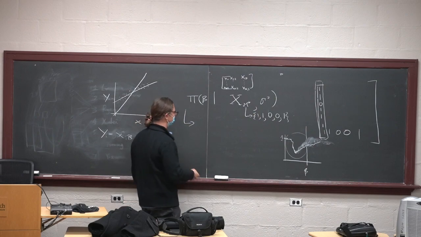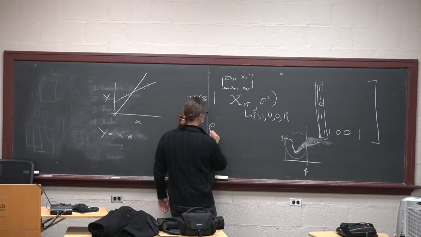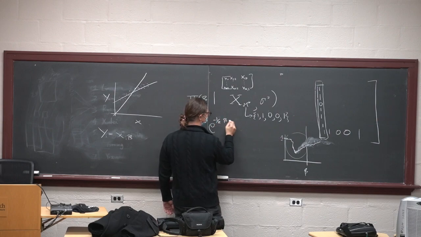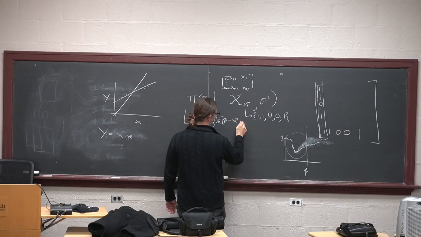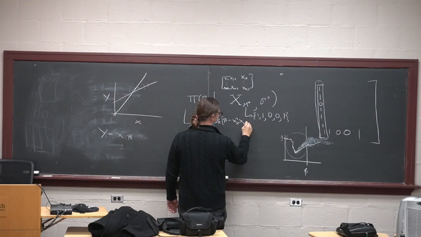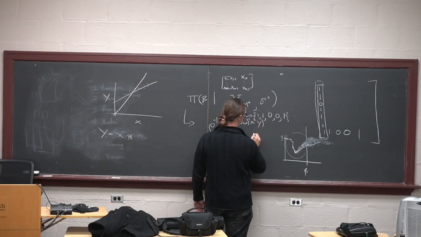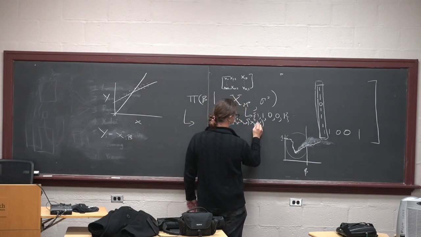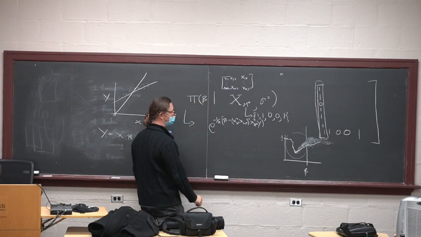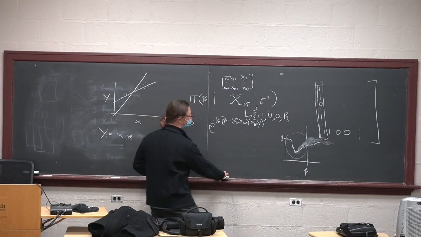It looks like e to the minus 1/2 (beta minus (X transpose X, for my model star, inverse) X transpose Y)... So that's my mean vector.